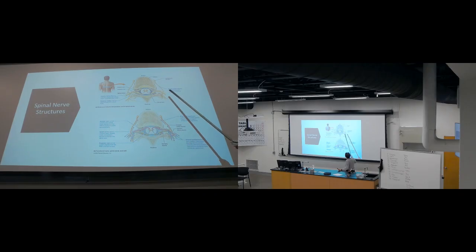Now, something that is also part of the spinal nerves is one part of the ANS, the sympathetic nervous system. It has what is called the ramus communicans that exits from the sympathetic ganglion on the sides of the body of the vertebrae.